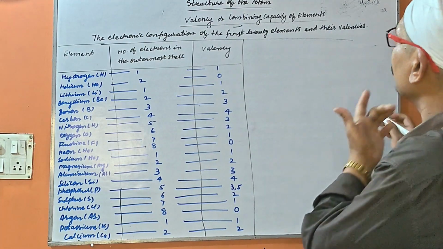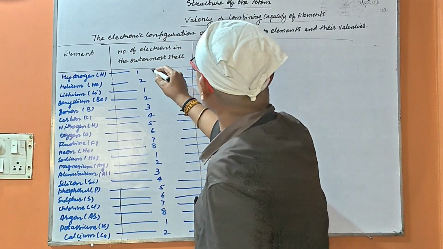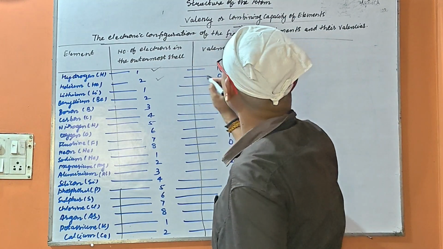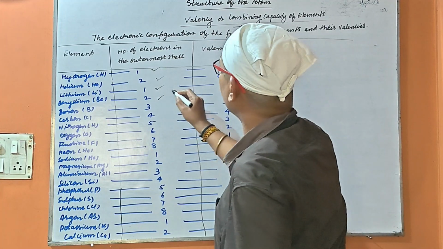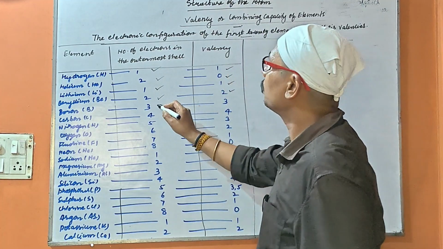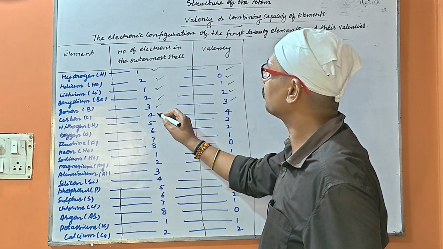The electronic configuration of the first 20 elements and their valency: hydrogen 1, valency 1; helium 2, valency 0; lithium 1, valency 1; beryllium 2, valency 2; boron 3, valency 3. The number is of the outermost shell I am telling.